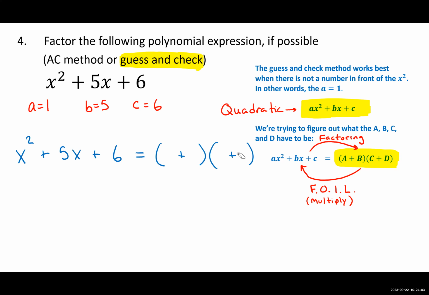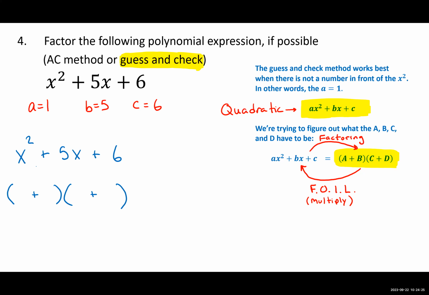I'm going to write it below because it's getting a little crowded over there. So this should equal something plus something times something plus something, right? Now, FOIL: first, outer, inner, last.